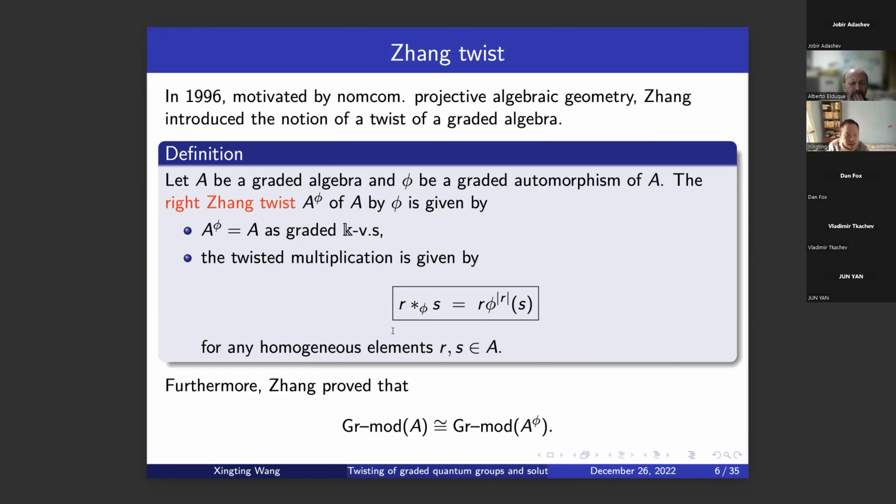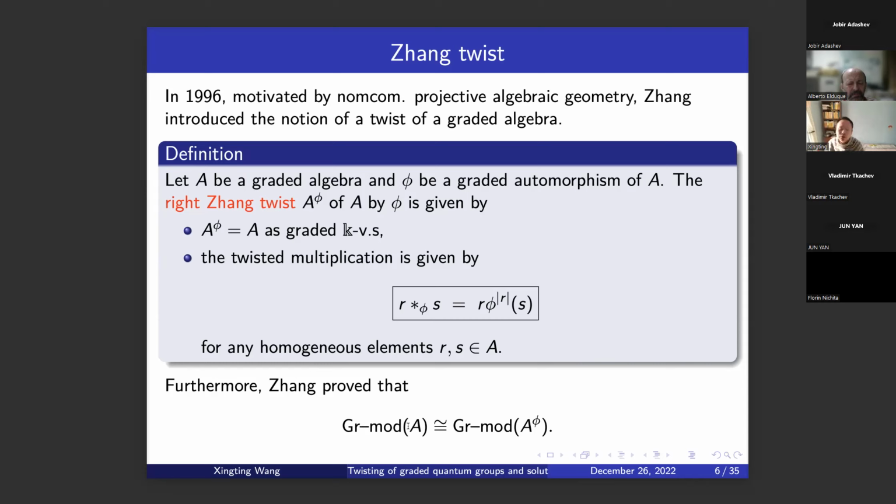Now, the interesting thing is that it is not defined arbitrarily just for a new algebra. It also has a categorical motivation. It is further proved that if you take the original graded algebra and take the Zhang twist of that, and you consider the graded modules, they are actually equivalent.